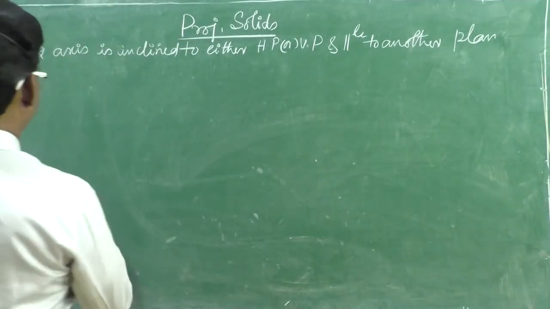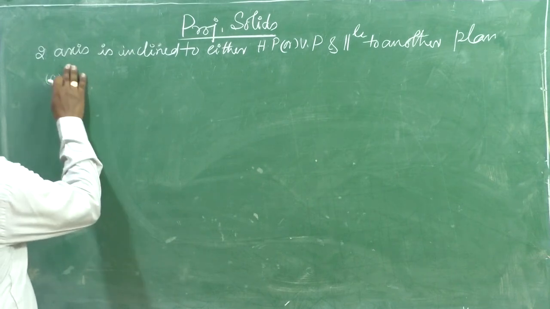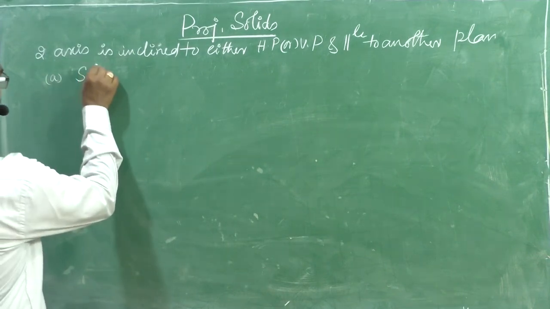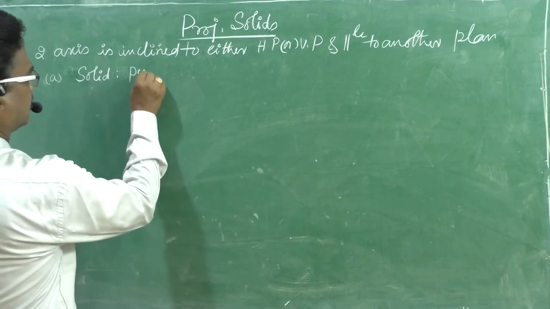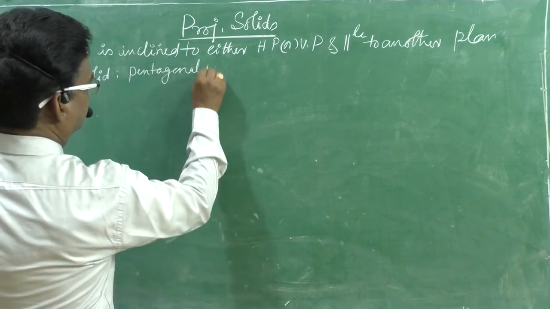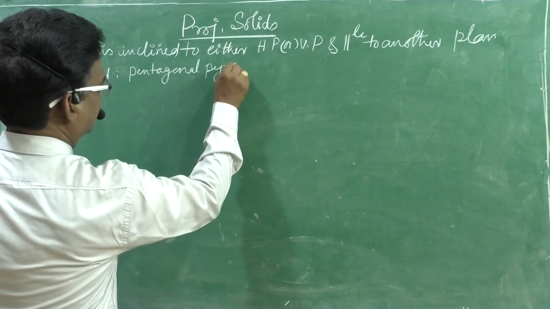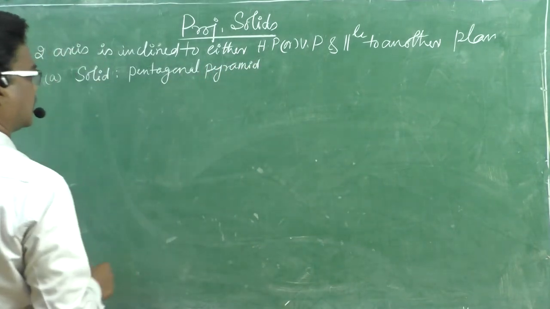The first one, type of solid. What is that? Pentagonal pyramid. Right. Next one.